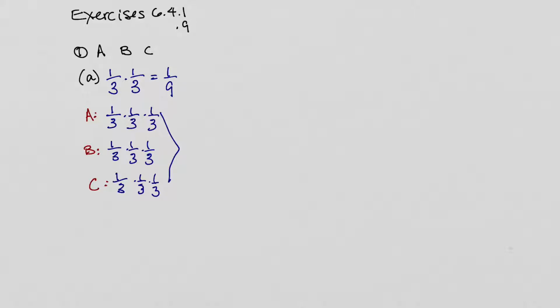We could be choosing A or B or C, so we're going to get 1 over 3 times 3 times 3 is 27, plus, for B, another 1 over 27, and plus for C, another 1 over 27. Adding these fractions, we'll add the tops together, getting 3, the bottom's 27. That comes out to 1/9. So either way we do it, we get 1/9.